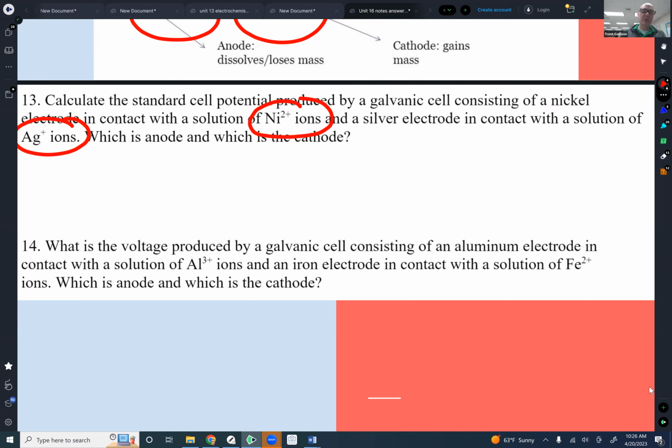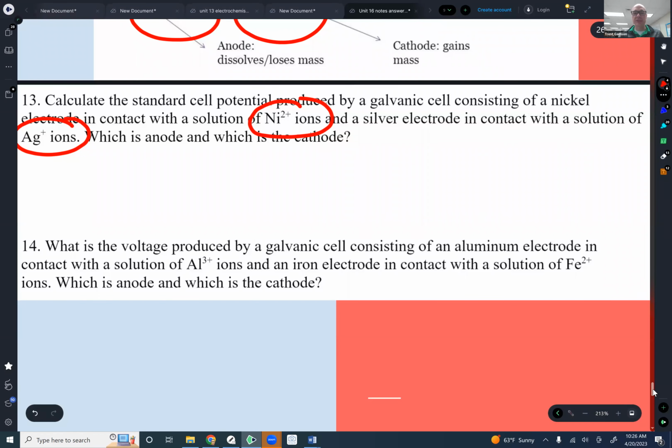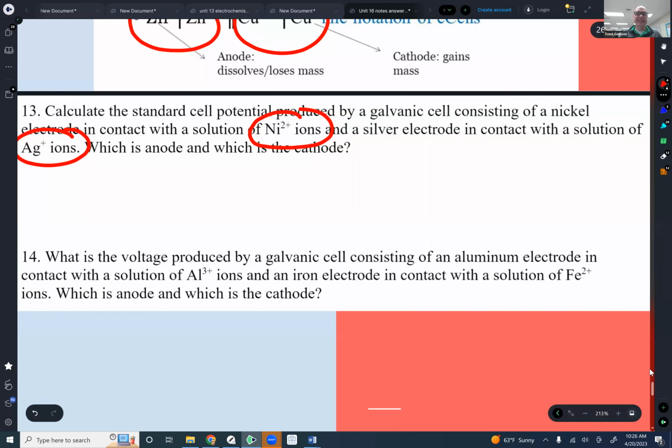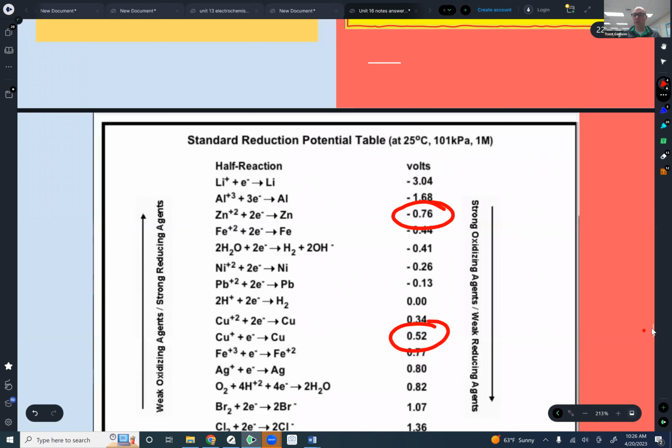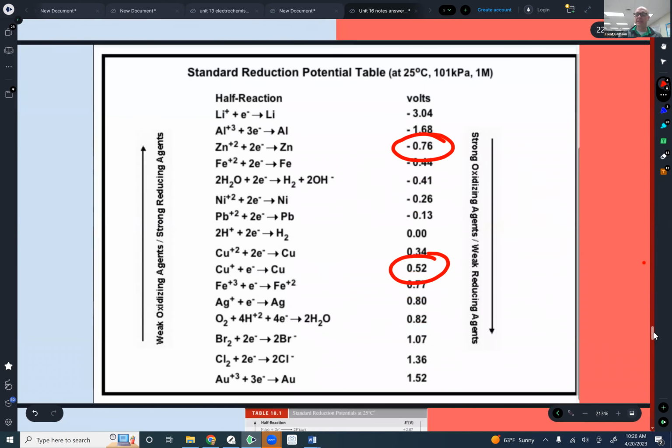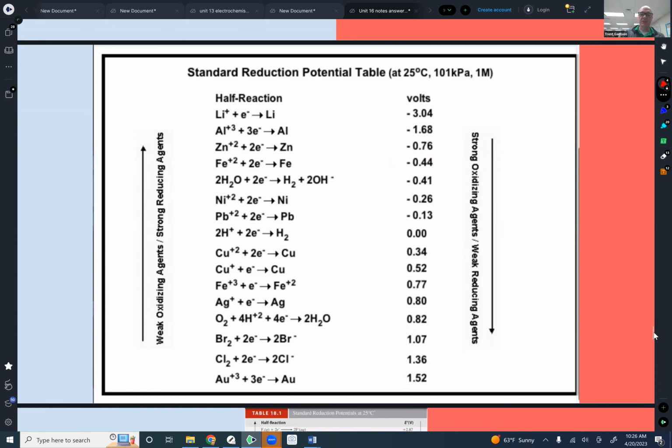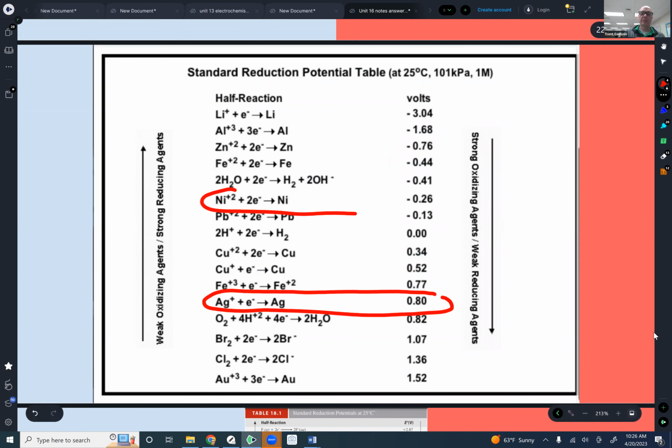So we've got nickel and we've got silver. Let's go back to the original chart up here and see if we can find nickel and silver as far as what their charges are. Let me erase where we were. Nickel and silver is what we're looking for. So I see silver down here, and then I see nickel up here. So what we should understand from this is, here is my anode, here is my cathode.